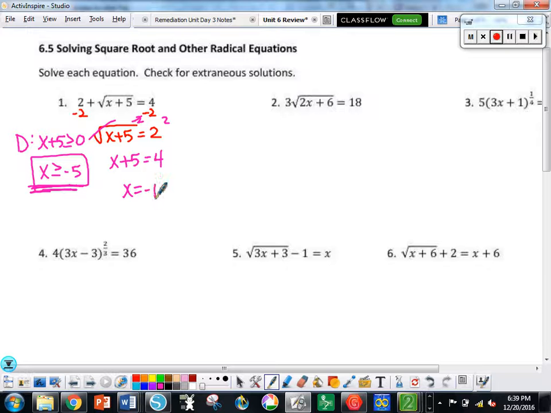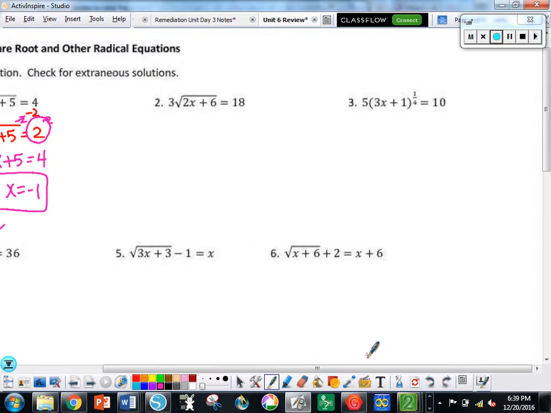Now I didn't really worry about this being part of my domain criteria because 2 will always be positive, so it's fine. Fantastic. So, does this -1 fit inside of my domain? It's bigger than -5, yes, so that is my solution.